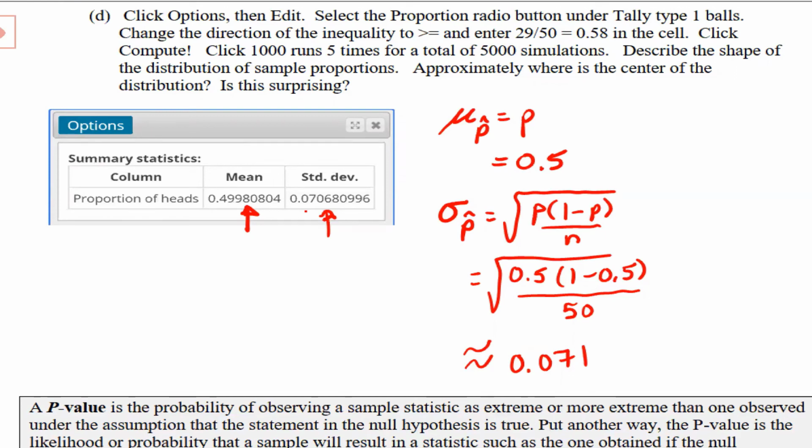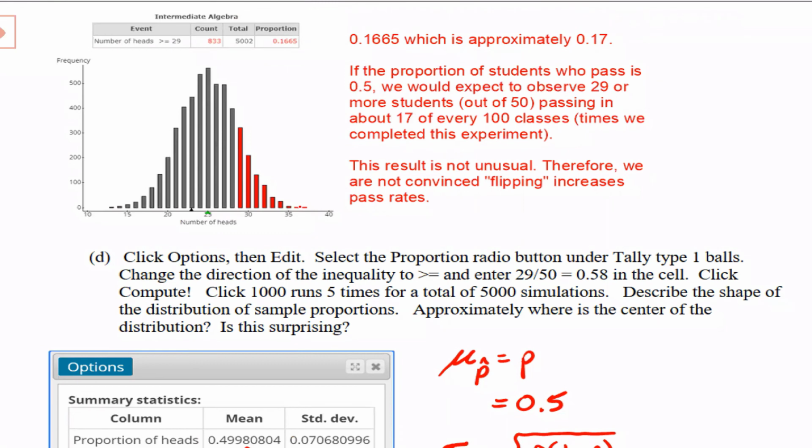So the distribution of p hat is approximately normal, where the mean is p and the standard deviation is the square root of p times 1 minus p over n. All of this suggests that ultimately we can use the normal model to mimic what these simulation results are telling you. The bottom line is, we learned that the likelihood of getting a sample proportion of 0.58 or higher from a population whose proportion is 0.5 is about 0.17. In other words, not at all unusual.